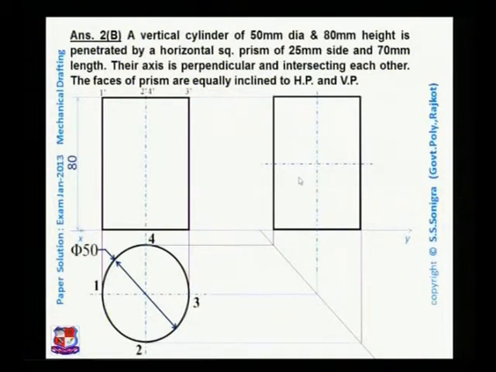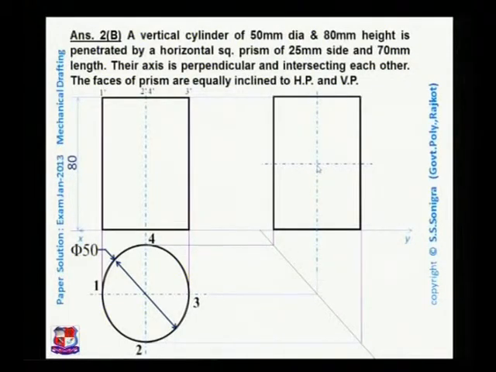Bisect this axis, so divide this axis into two equal parts. This dimension is 40 mm. So from here, at a distance of 40 mm on this side, draw a horizontal line. The intersection of these two lines shows the axis of the cylinder as well as the axis of the prism.